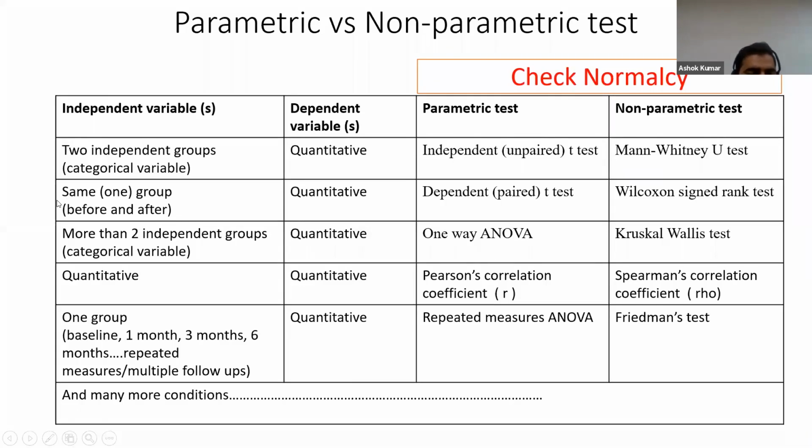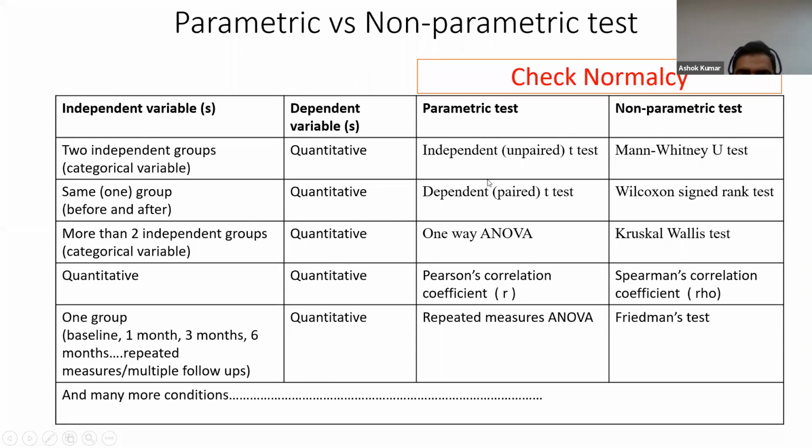Number 2 is the same group, or one group, and a before and after phenomenon. In one group, I'll check the weight of the subjects, then I'll give diet modification, and again after 6 months I'll check the weight and compare it. I want to get the difference of weight before and after, because the dependent variable is weight.